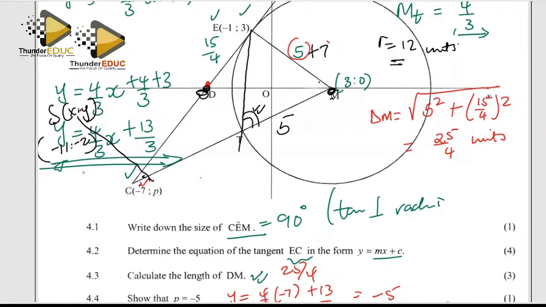Because we know this is a 90, which is fine, but does it help here? Guys, help, please. If I use the... okay, I could use the distance formula.